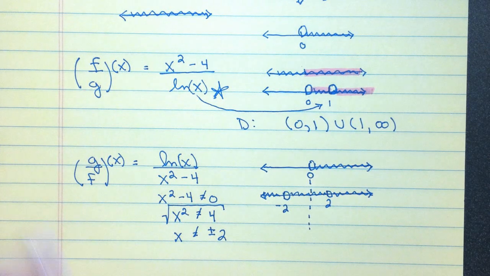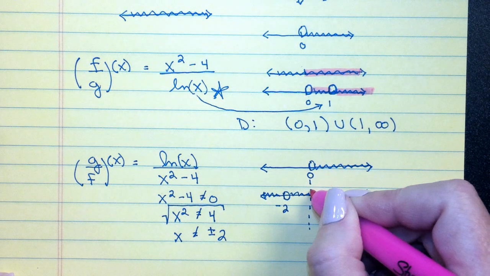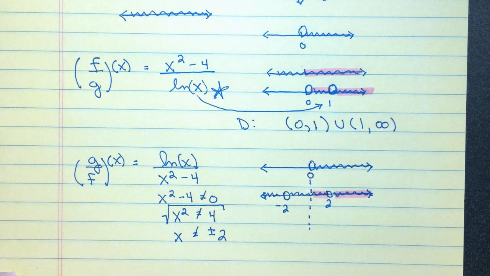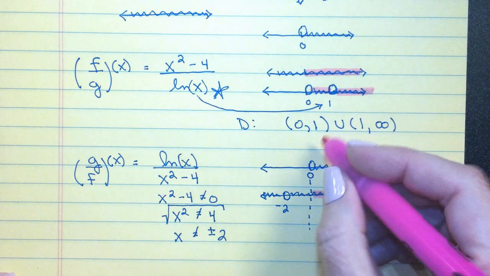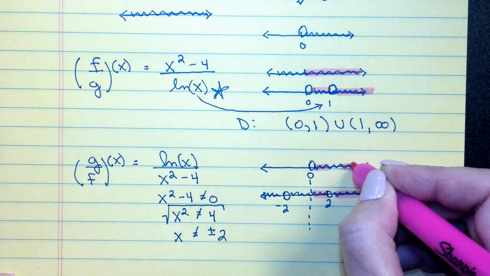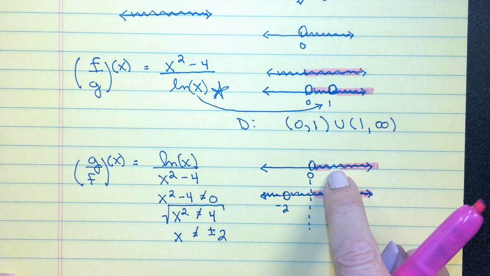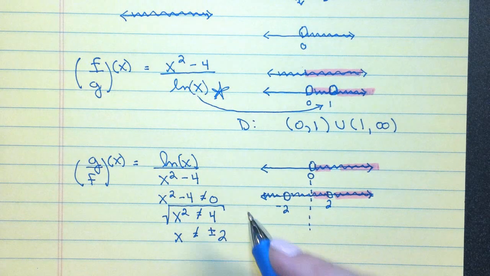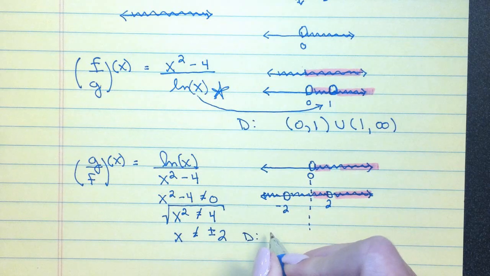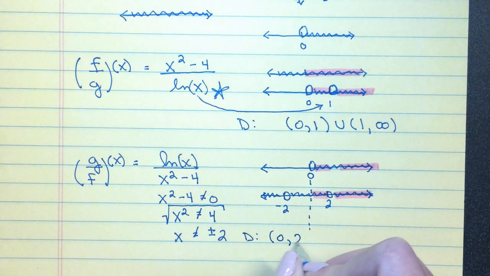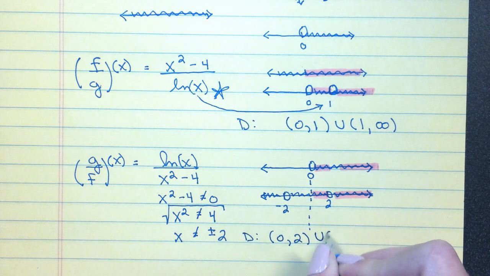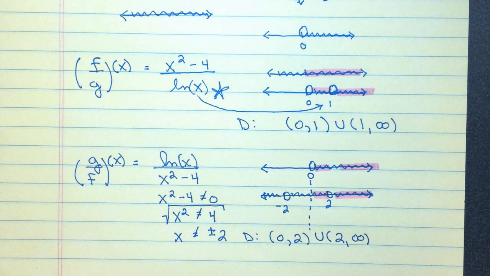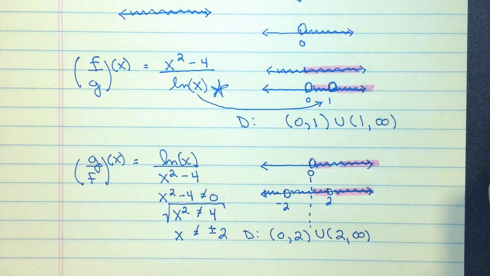So this means I'm allowed this part right there. That's the only part these two have in common. Notice I leave a gap because I'm not allowed to pick up the 2. This domain then is going to be 0 to 2 and 2 to infinity. All right, best of luck.